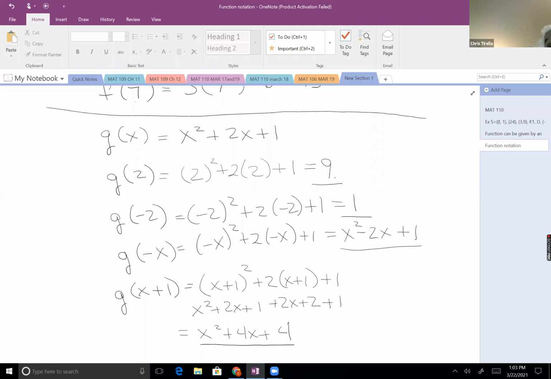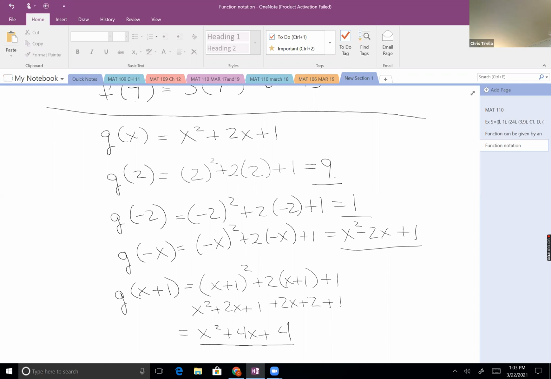Did everybody else get that g of 2 is 9, g of negative 2 is 1? G of negative x is x squared minus 2x plus 1.